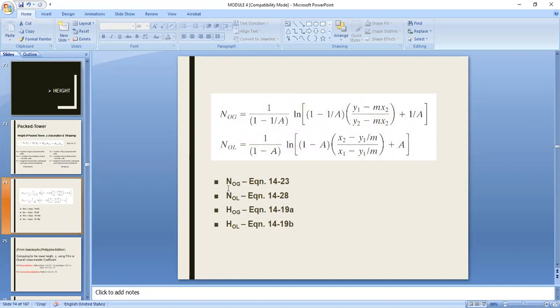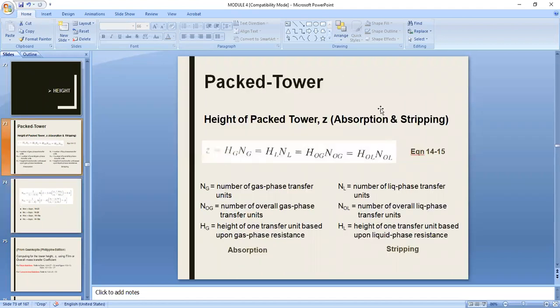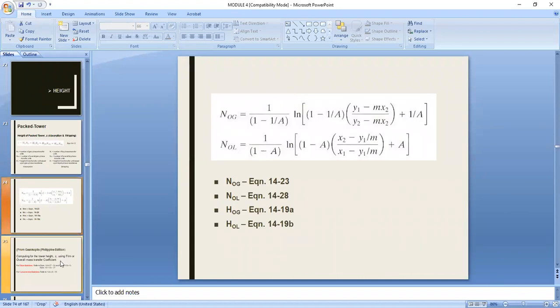In your handbook, the NOG and the NOL are these equations, and the HOG and the HOL are these equations, because they are paired together to determine the Z. Okay, so please check on your handbook these equations.